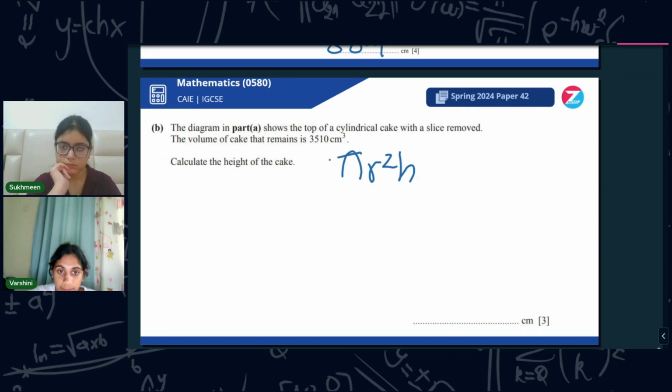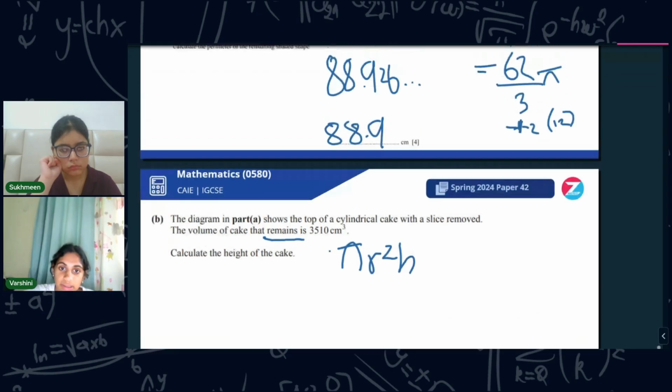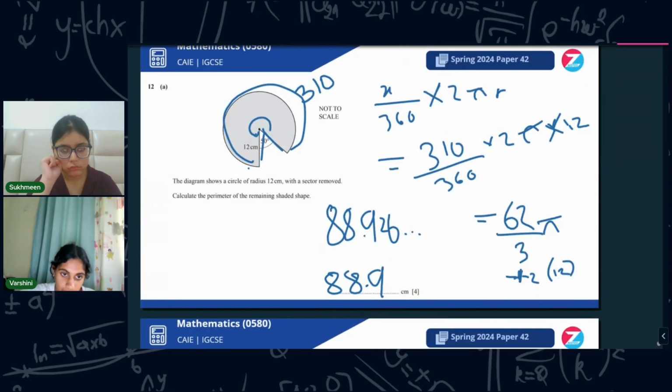And remember, it's not saying the full cake is the volume, but the volume of the cake that remains. That's pi r squared h minus the little slice that we just took out.